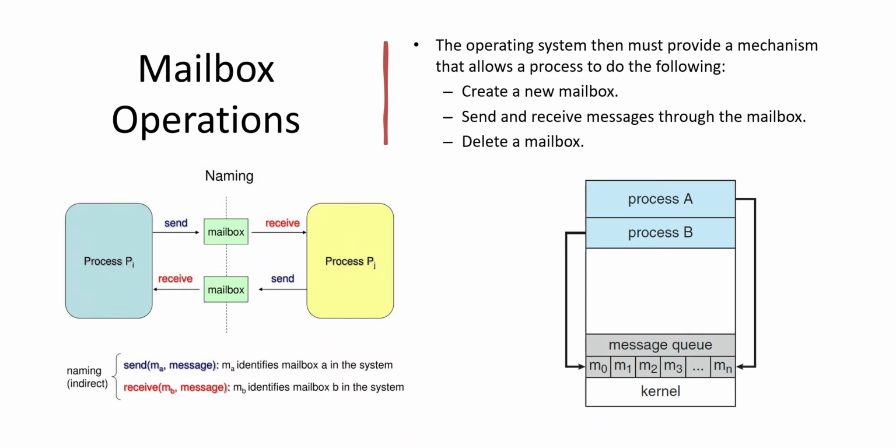So the operating system plays an important role in managing these communication resources. The mailbox acts as the intermediate location through which processes can exchange messages. This makes indirect communication flexible, especially when more than two processes need to communicate.